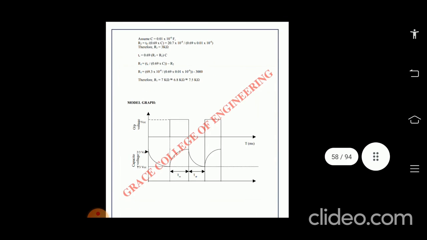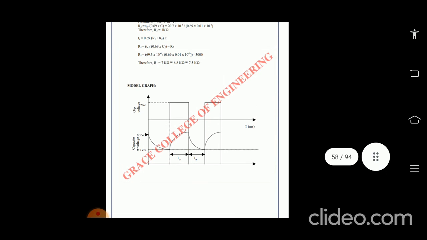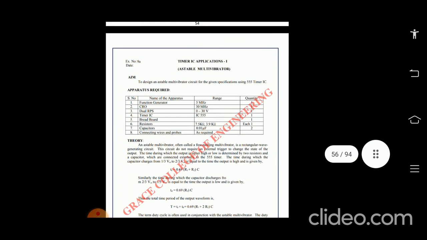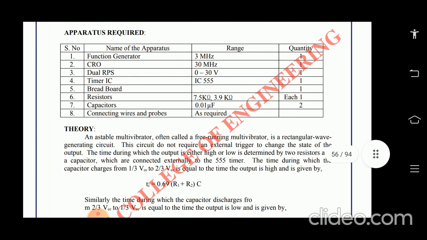Thereby we get the model graph. The ultimate aim of this experiment is to construct this circuit diagram on our breadboard to get the output waveforms VO and VC, that is, the capacitor voltage.